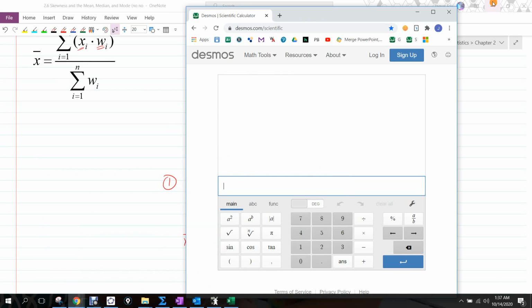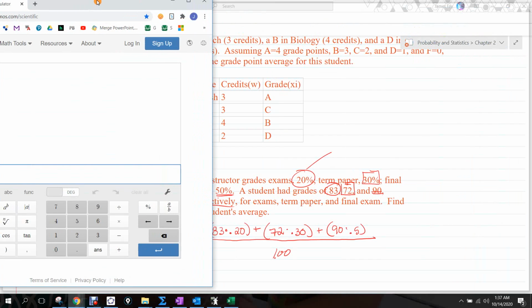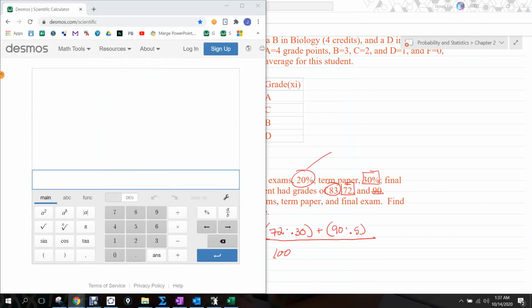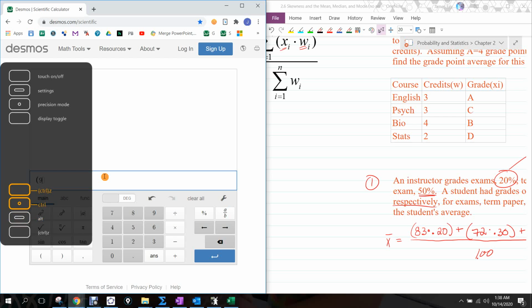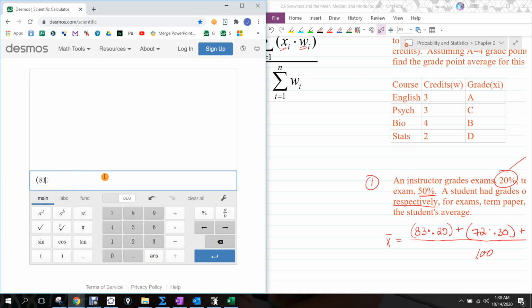So what do we have here? 83 times 0.2, plus 72 times 0.3, and then plus 90 times 0.5. So this individual finished with an 83.2 for the course.